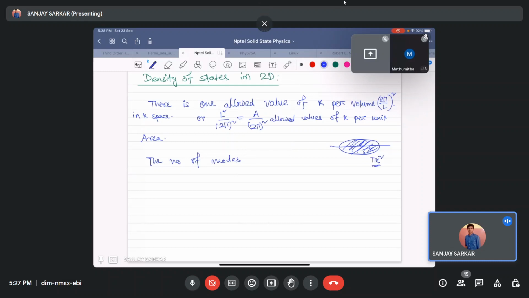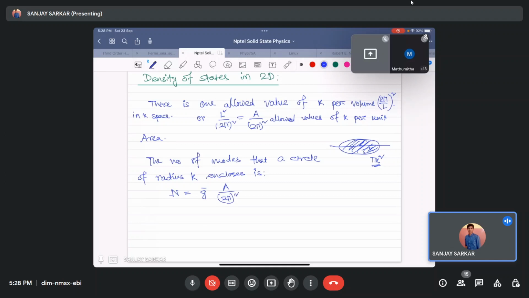So the number of modes that a circle of radius k encloses is n equal to g bar into (L by 2 pi) whole square, or it is (A by 2 pi) whole square.